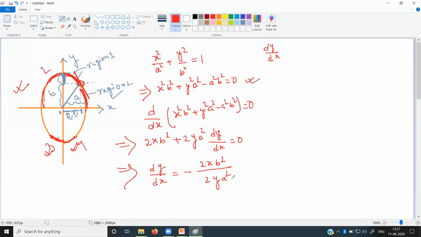So this is the slope of the tangent for the line which is passing through the point which divides the entire curve of the first quadrant into two regions, which are called region 1 and region 2. Clear?